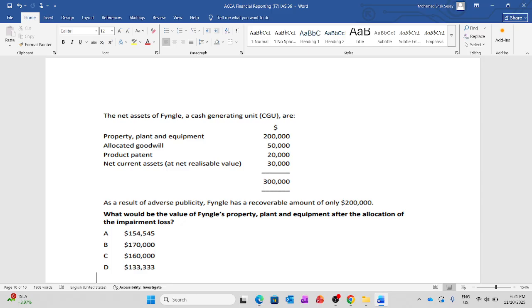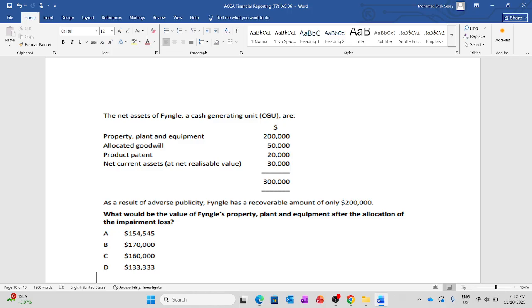So it's very simple. The standard tells us that we need to allocate the impairment to goodwill first. Firstly, we need to calculate the impairment, because the recoverable amount is 200, and the carrying value is 300. So the impairment is 100. We allocate 50 to goodwill, 100%. Then for the remaining 50, we are not going to allocate anything to net assets because they are stated at net realizable value. So the remaining assets are the property, plant and equipment, and the product patent. We are going to allocate the impairment based on the carrying value.